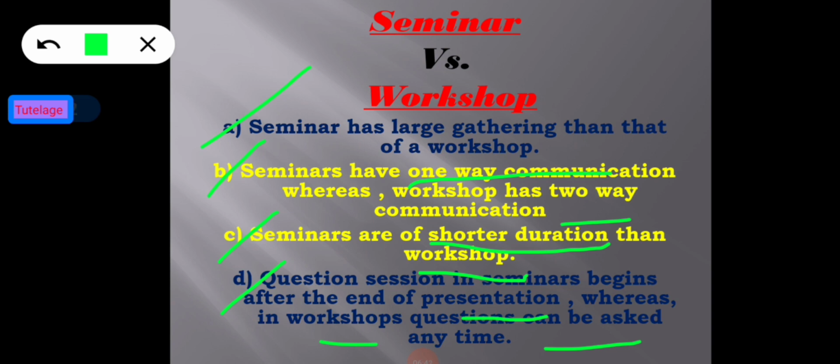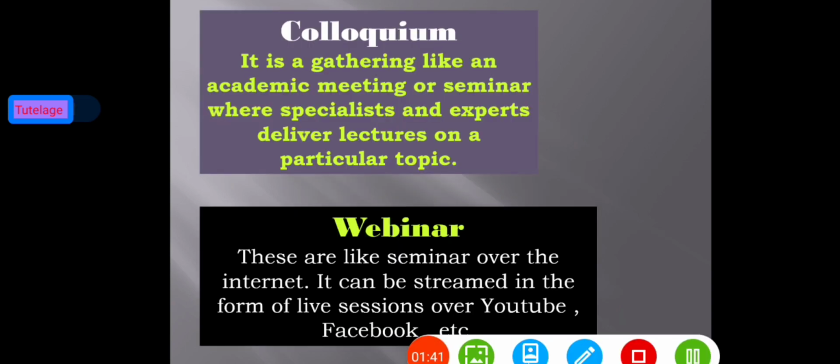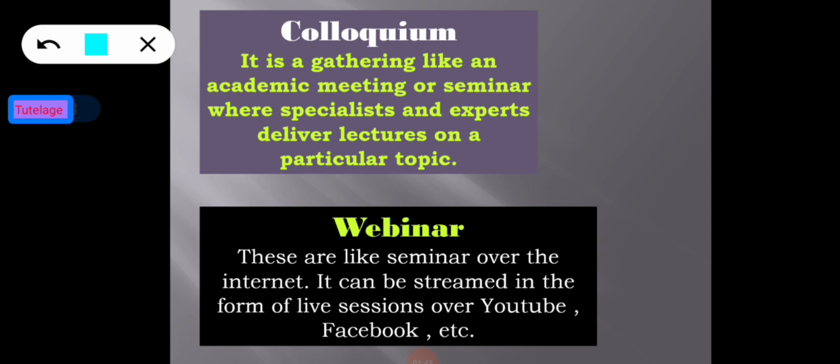So now move on to the next topic. What do you mean by a colloquium, learner? A colloquium is basically a gathering like an academic meeting or seminar where specialists and experts deliver lectures on a particular topic. The plural form of colloquium is colloquia, and it is basically a gathering which is called an academic meeting or like a seminar.